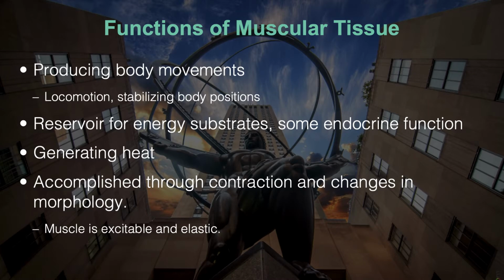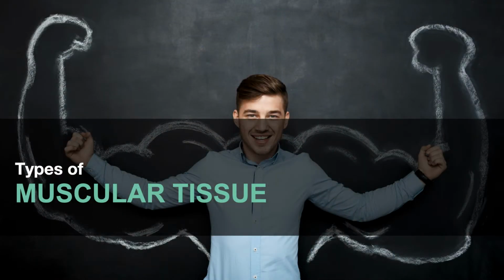So let's distinguish separate categories of muscle. When I say muscle, I always think of skeletal muscle, but that's only one type. Let's identify the types of muscular tissue before we move on to exploring one in depth.